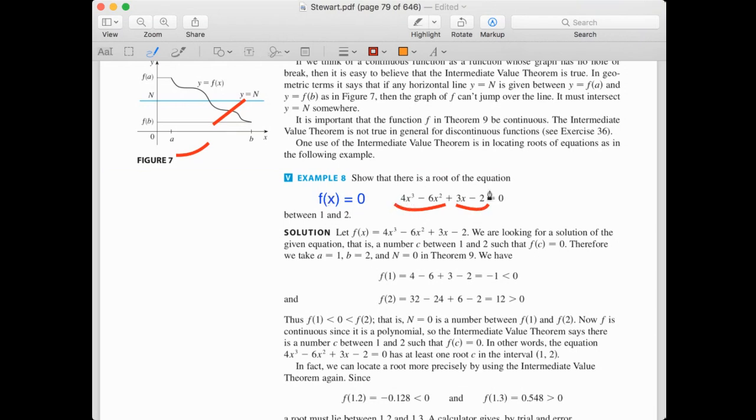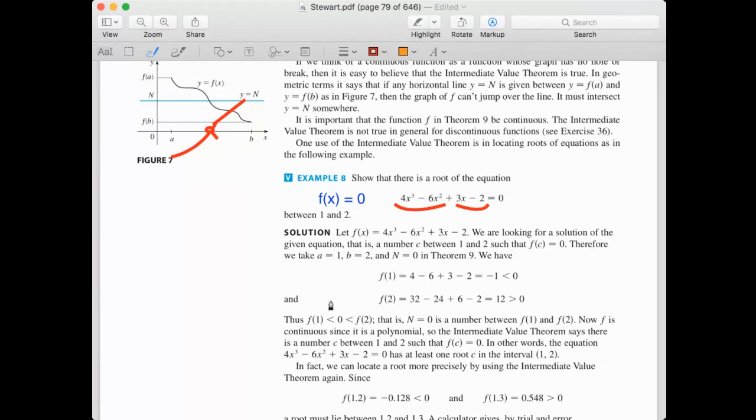And because polynomial functions are continuous on all real numbers, that means this polynomial is one piece of string. It's one piece of string, so it has to pass the x-axis. Then we get a point right here. That's a root. So function f equals 0 at this point. So that's how we use this strategy.